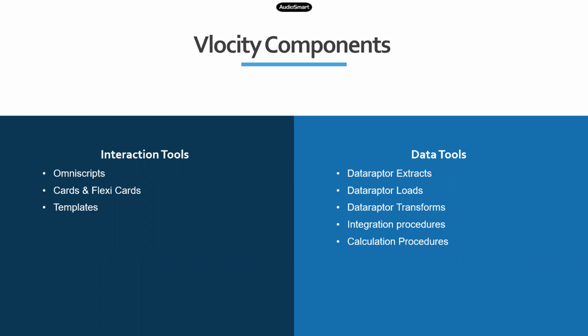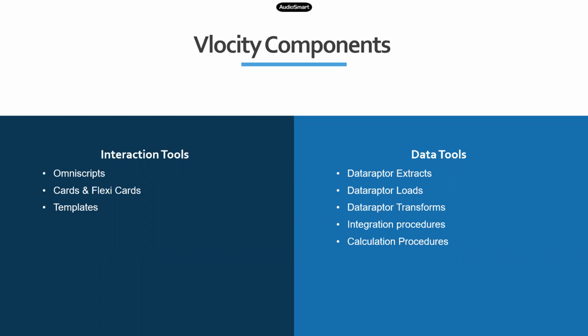So to give a 360-degree view of a particular customer, you create cards. Using cards, you can show the customer information, the previous orders he made, the current active products he has, and the latest order he has.